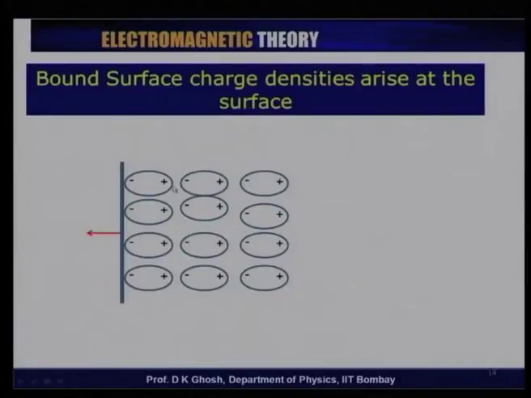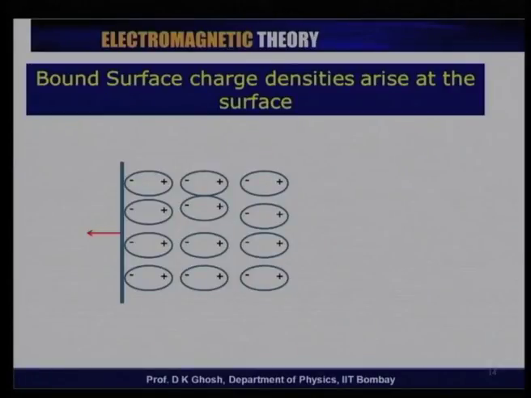On the other hand, at the surface, you notice there is again a bound charge density, because inside the material they all cancel out, but at the surface there is again a balance of the charges. So, this is my surface bound charge.